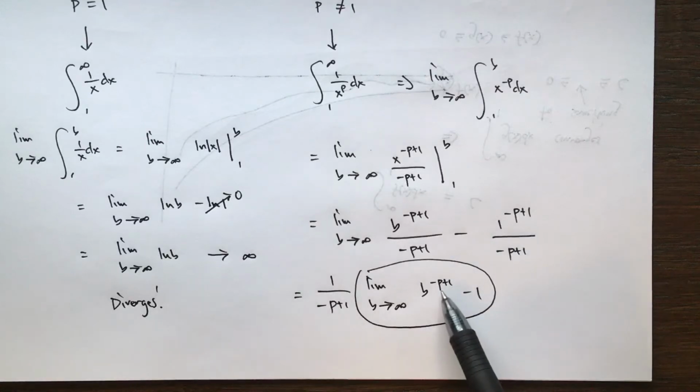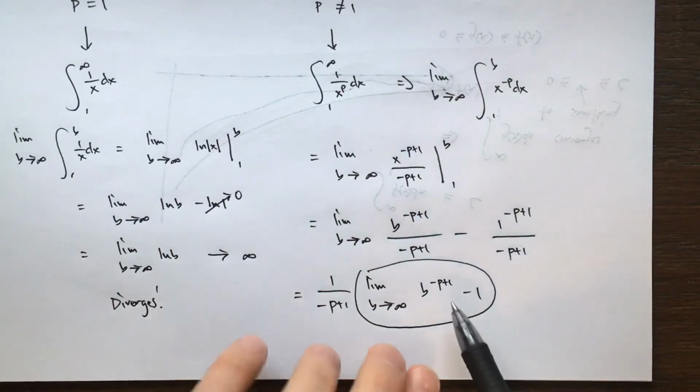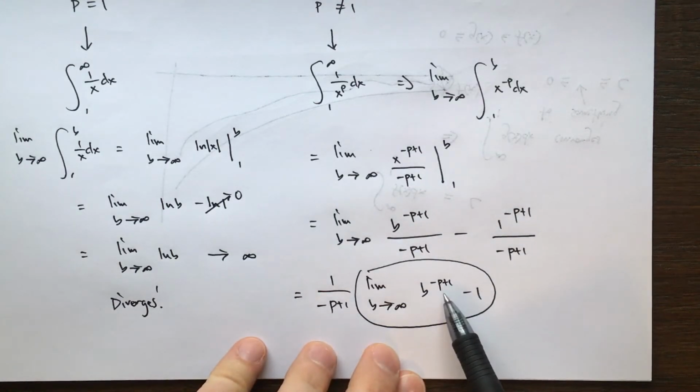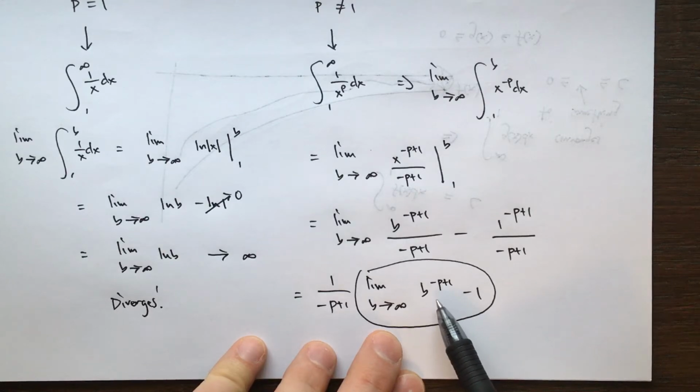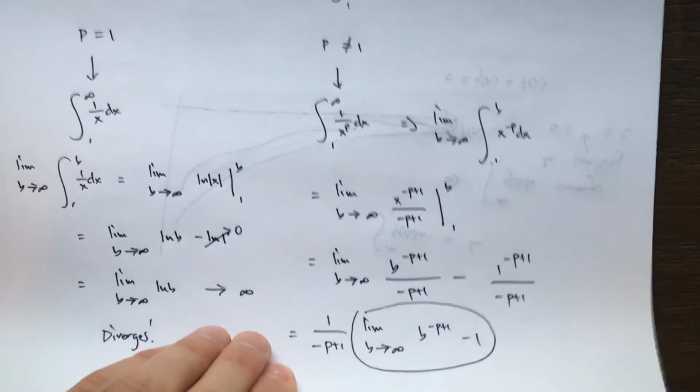And what values of p would make this thing head towards infinity or not? Well, what I want to think about is what needs to happen in order for this to converge and what needs to happen in order for this to diverge. And so I want to think about a couple cases here, really.